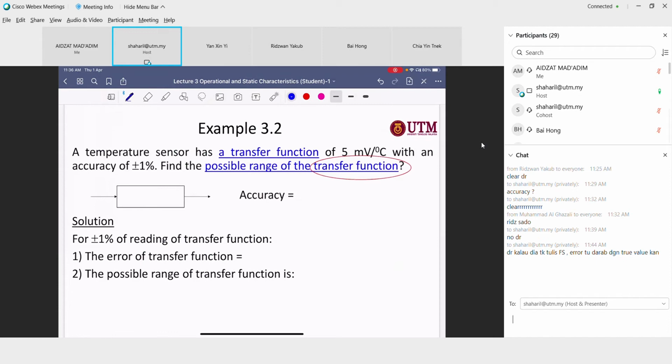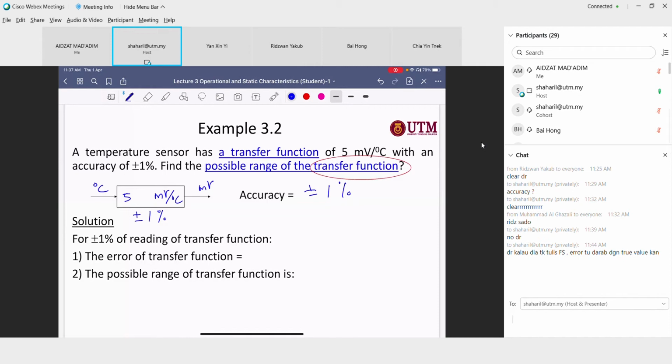Okay, example 3.2. A temperature sensor has a transfer function of 5 millivolt per degree. That means the output is millivolt and the input is degree. This transfer function has an accuracy of plus minus 1%. Find the possible range of the transfer function.